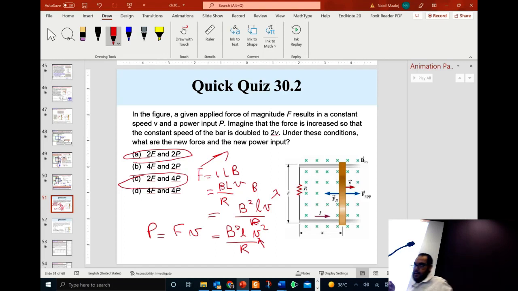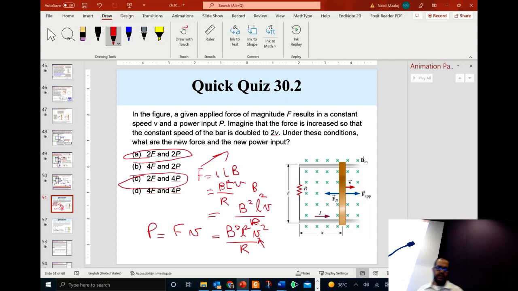Yes. Here, ILB, and we said I is here. Oh, we forgot L. Thank you. Yes, we forgot the L. So it's L squared V. So B squared, L squared, V squared.